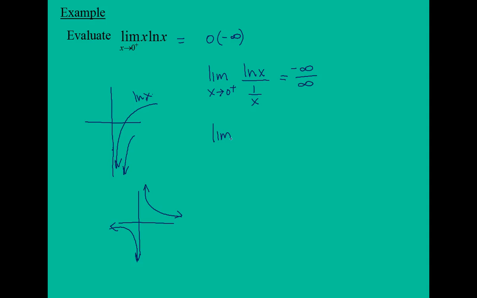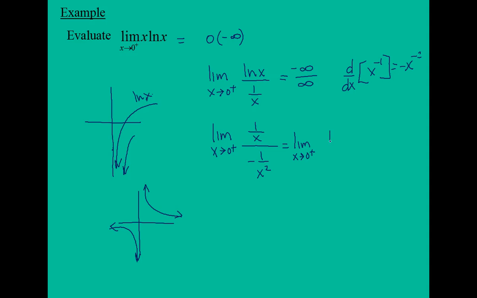So we take the derivative of the numerator, which is 1 over x, and the derivative of the denominator. Remember, the derivative of 1 over x, which is x to the negative 1, is negative x to the negative 2. So that would be negative 1 all over x squared. Before we directly substitute, let's simplify that fraction.